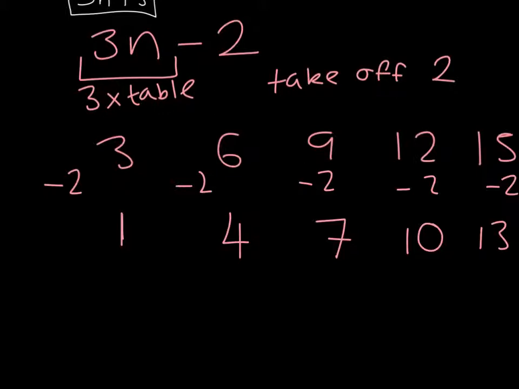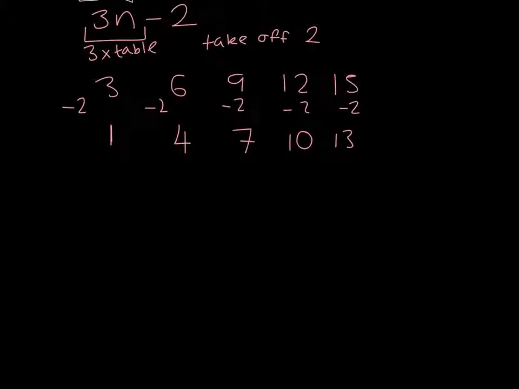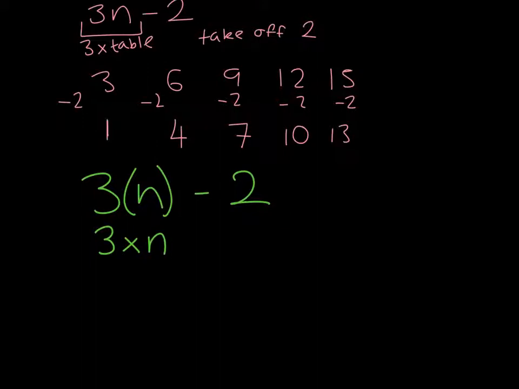Now that's me trying to make the maths as easy as possible. That doesn't mean to say that's how everyone's been taught. So I'm also going to talk through that second example, staying with 3n minus 2, and talk through another option which you may have been taught. 3n, this bit here is saying it's 3 lots of whatever n is, and take off 2.